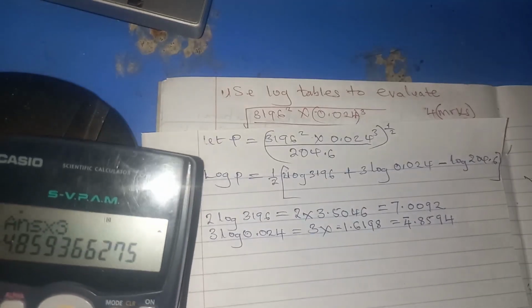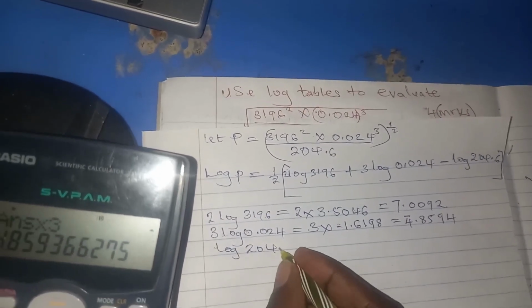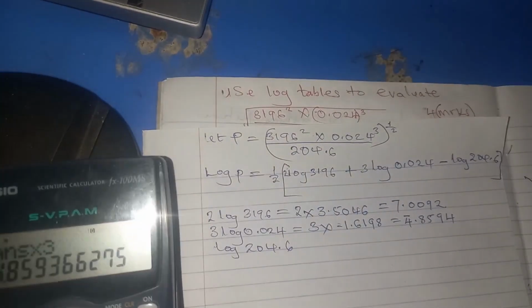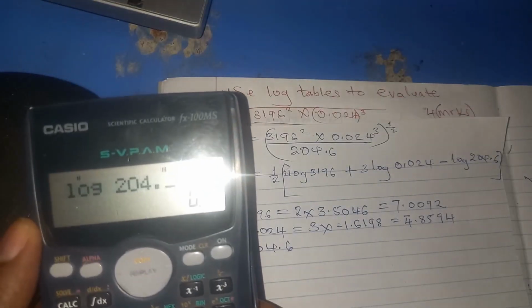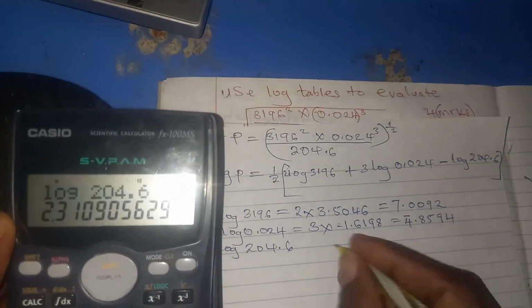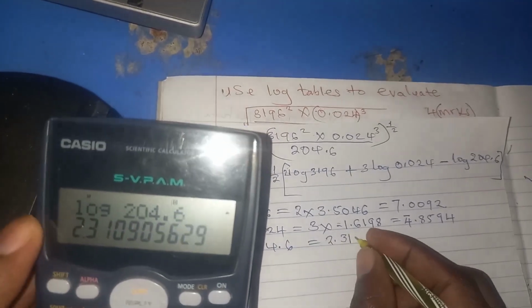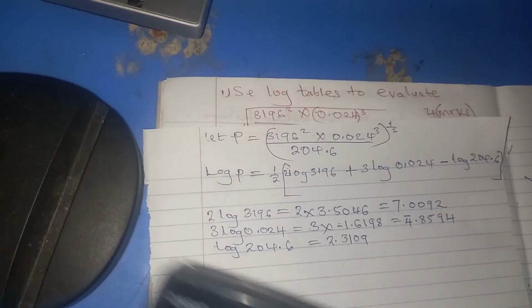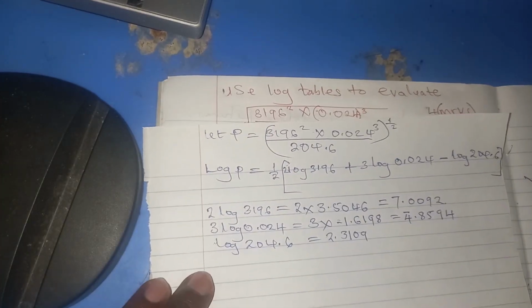Then the other one is the log of 204.6. This one gives me 2.3109.